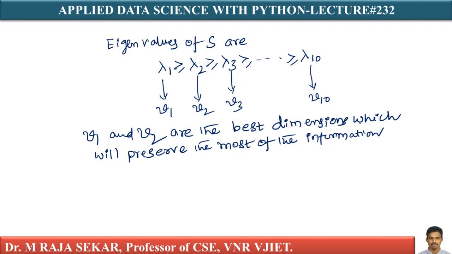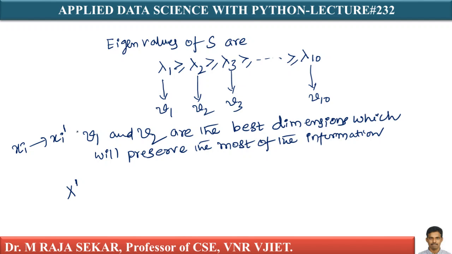So what I will do here is make my features after dimensionality reduction using PCA. I will create a new data matrix capital X dash such that for each point xi, I have xi dash. How do I compute my xi dash?